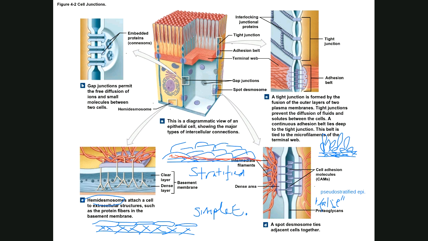So that's stratified. And pseudostratified, all the cells touch the basement membrane, but they look like they're multiple layers. They touch the basement membrane via hemidesmosomes, so they form strong connections. Each other is desmosome, as you can see here.